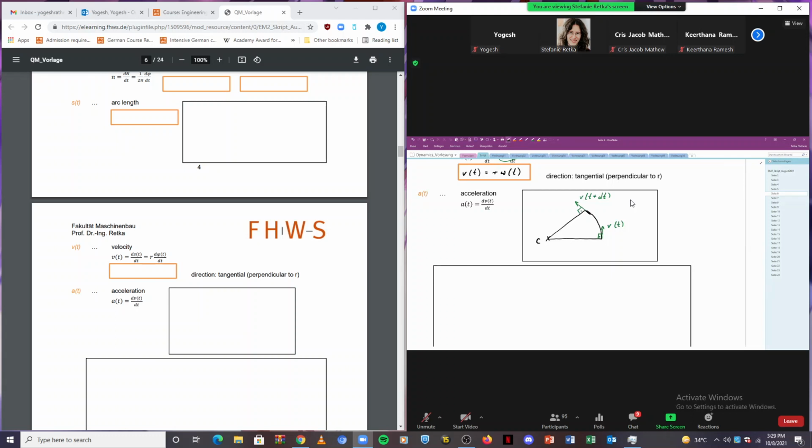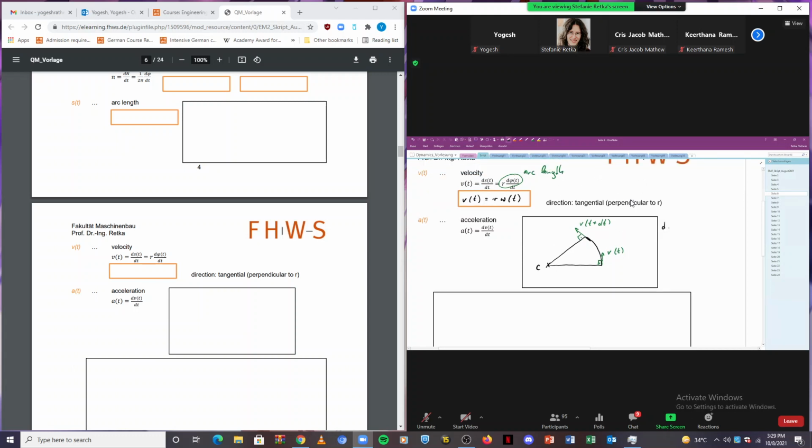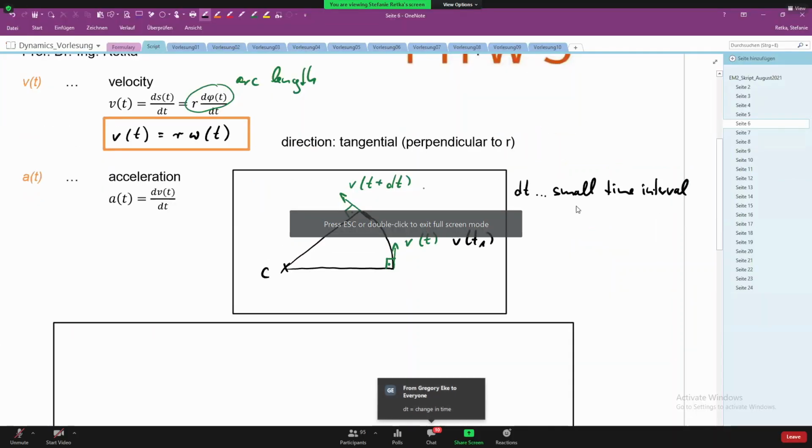Yes? I'm sorry. So that's why we added the dt at the edge, because there is a changing direction. And no, this dt means that it's later in time. Dt is a small time interval. So it's a change in time? Yeah, it means that at time t, or could be just writing here, could be time t1 and this could be time t2. Okay.